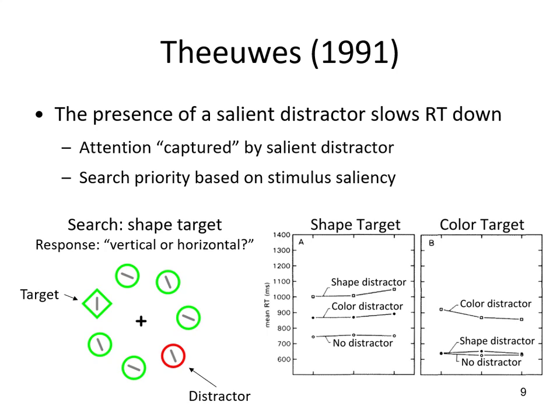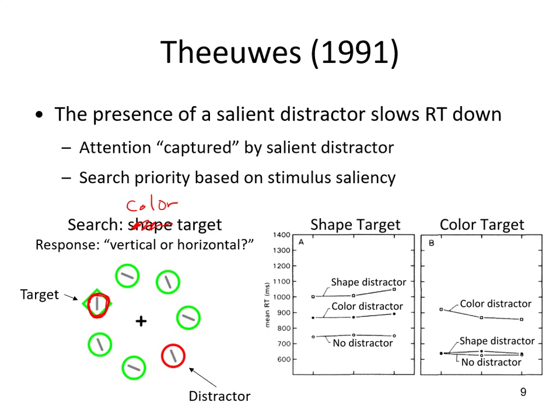Now, what about color target? Okay, in the right hand side, what is it? In the right hand side, the target becomes a color target. Okay, so what does it mean? It means that the target now is a red circle.